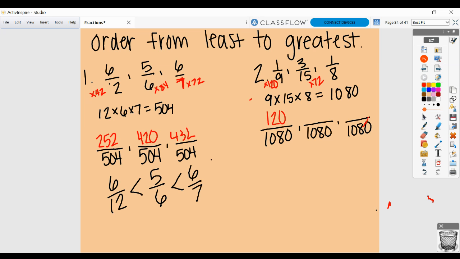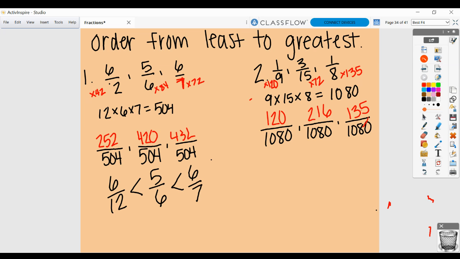So 3 times 72 is 216. And then 1080 divided by 8 would be 135, so 1 times 135 would be 135.